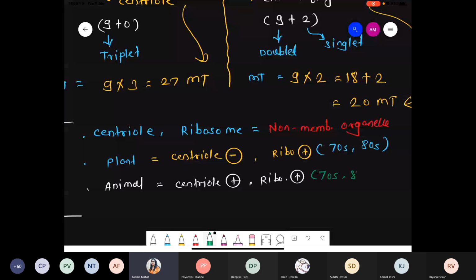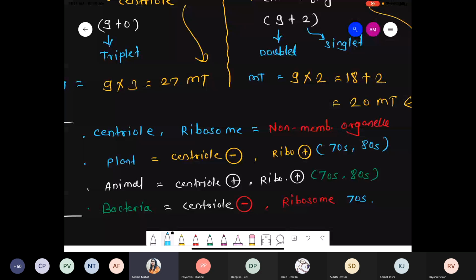But when you compare with bacteria, in bacteria only the ribosome is present, because the centriole is a typical structure associated with eukaryotic organelles. So the centriole is absent in bacteria, but the ribosome is present.